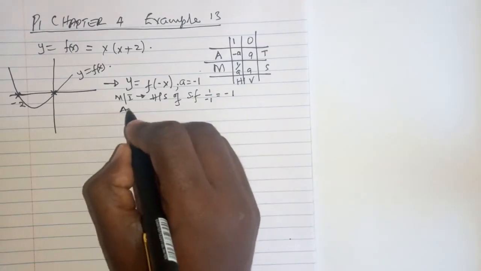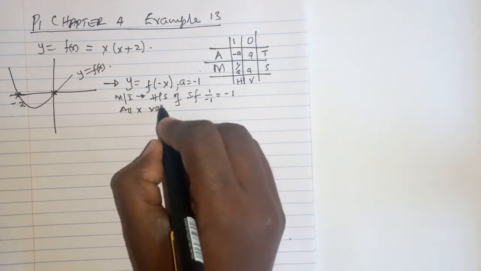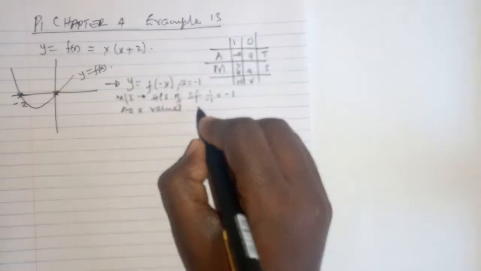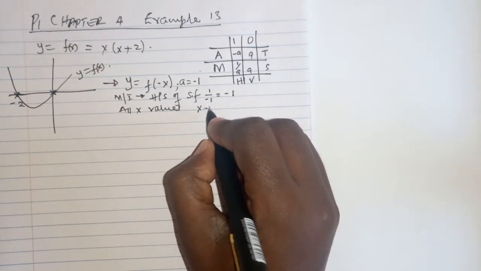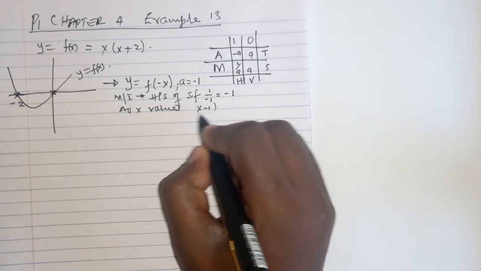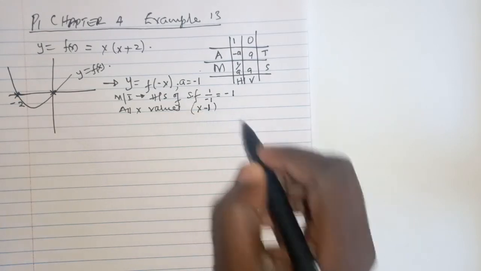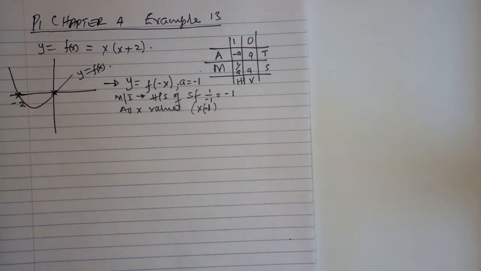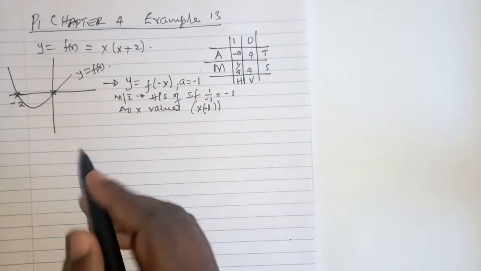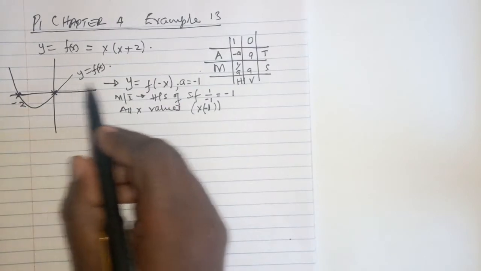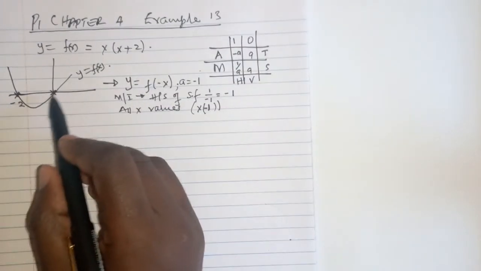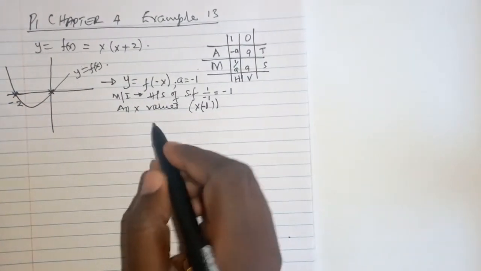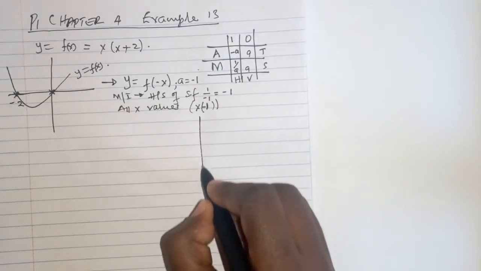What does this mean? All x values are multiplied by negative 1. If that is true, then we get from our original graph to this. Now let's see.